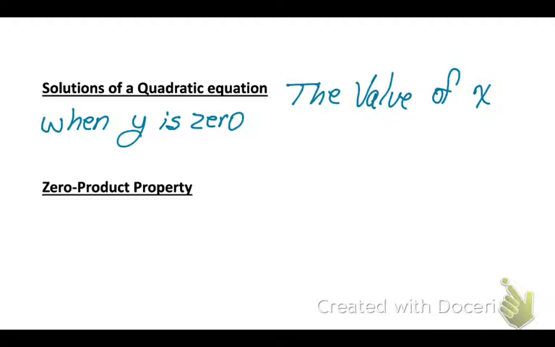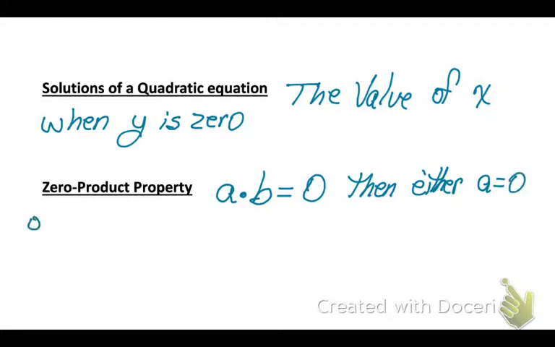So we have a thing called the zero product property that says if you multiply any 2 factors or any 2 numbers and it equals 0, then one of those factors or both have to be equal to 0. So if a times b equals 0, either a or b has to be 0.